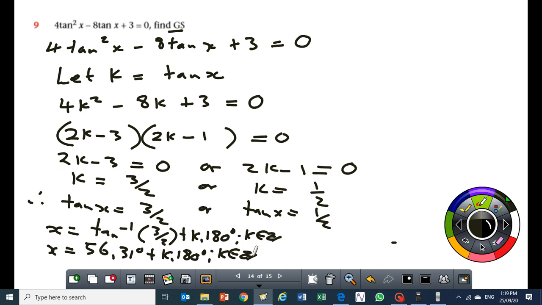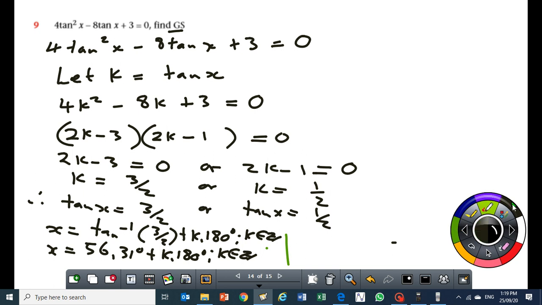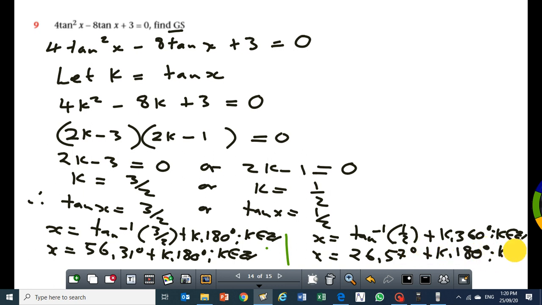The second one, let me get it there. So you get here x equal to shift tan of a half plus k times 360, where k is an element of z. And then what is shift tan of a half? 26.57, so you get x equal to 26.57 degrees plus k times 180 degrees, where k is an element of z.